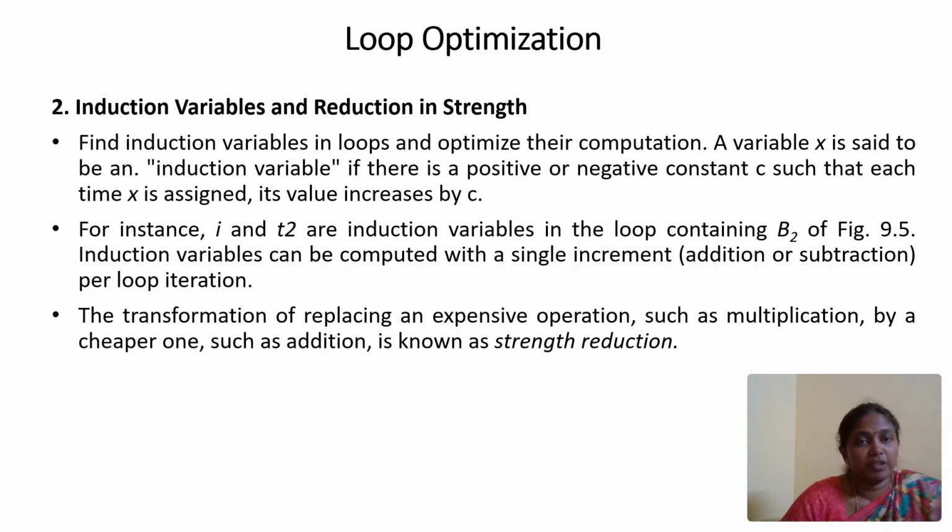Next, induction variable elimination and reduction in strength. Find induction variables in loops and optimize their computation, or else eliminate the induction variable. A variable x is said to be an induction variable if there is a positive or negative constant c such that each time x is assigned, its value increases or decreases by c.